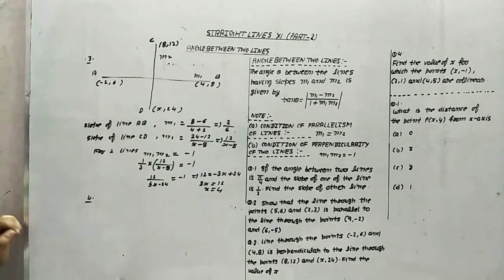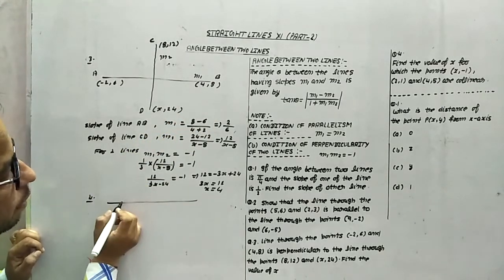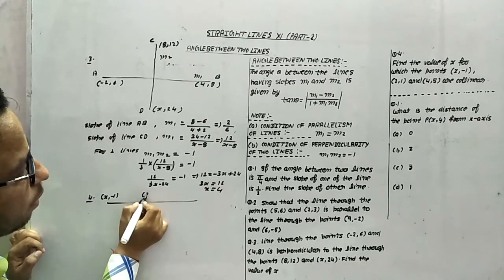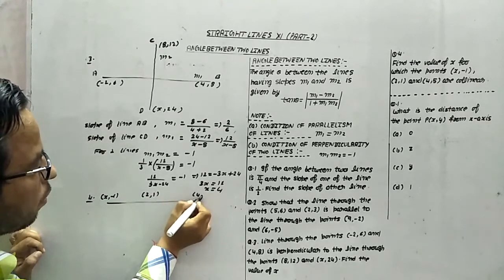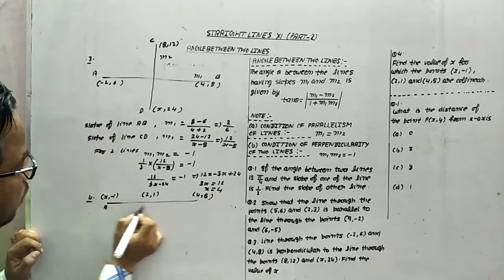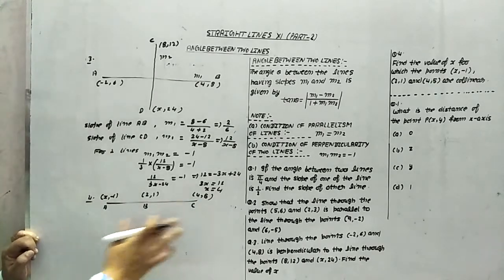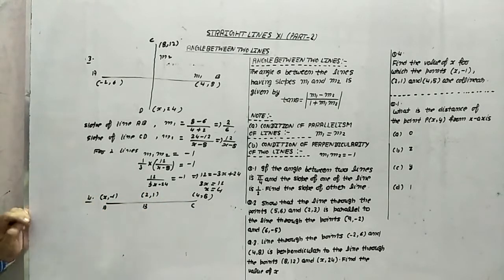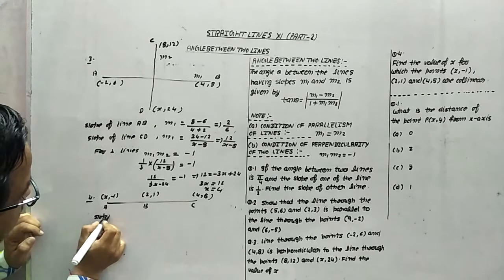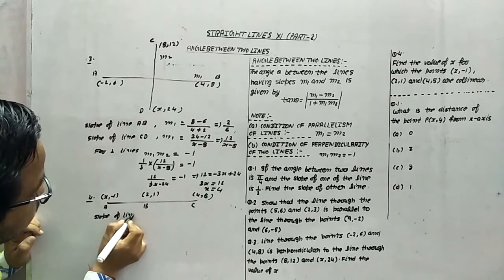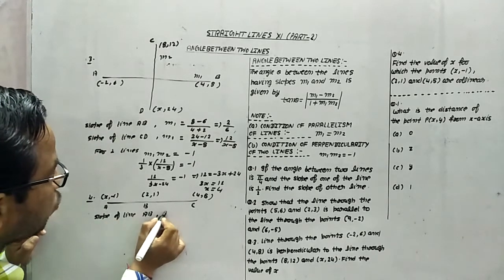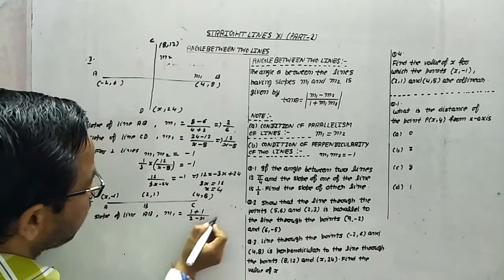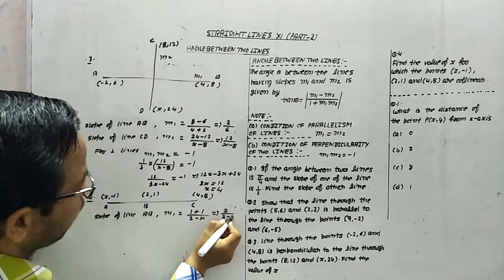In question number 1, find the value of x for which the points (x, minus 1), (2, 1) and (4, 5) are collinear. Always remember this: collinear means these two lines work as parallel lines. Now first of all, for the slope of line AB, let us suppose the slope is m1. m1 is (1 plus 1) upon (2 minus x), which is 2 upon 2 minus x.